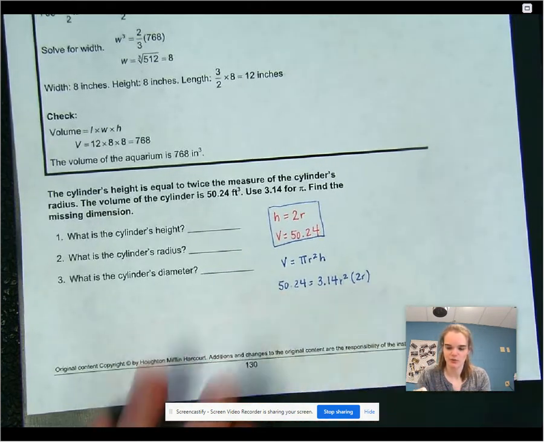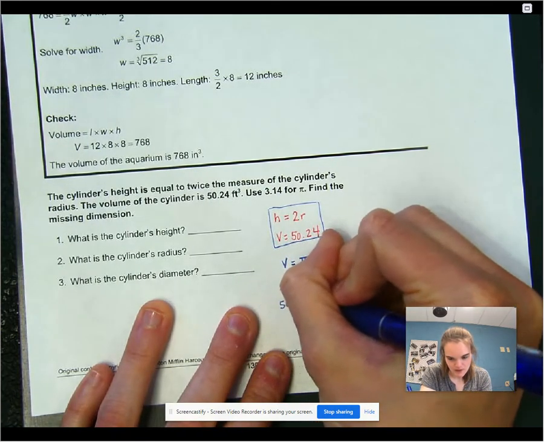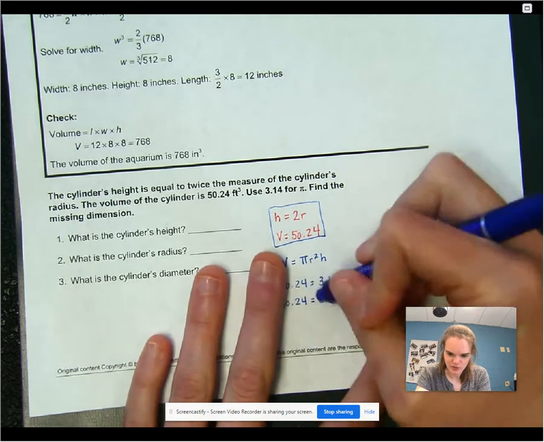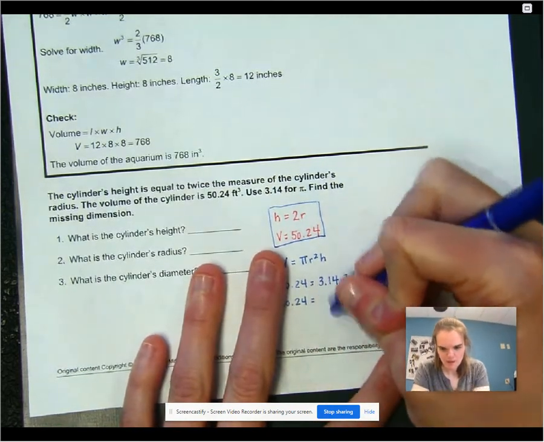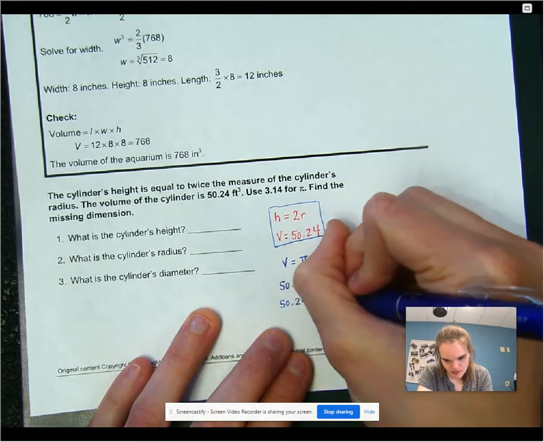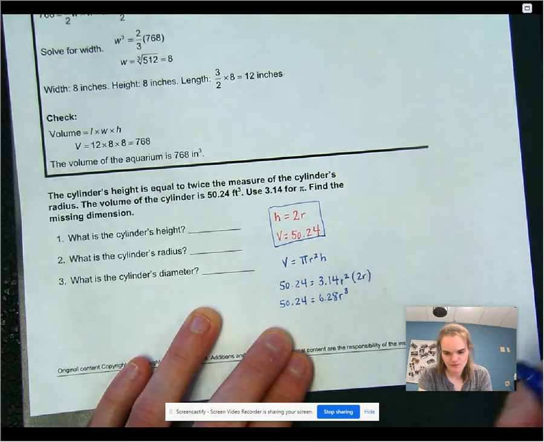Okay, so we're going to set up what we know. So 50.24 equals 3.14. Actually, let's go ahead and multiply our numbers together. Sorry. 3.14 times 2 is 6.28. And it becomes r to the third power.